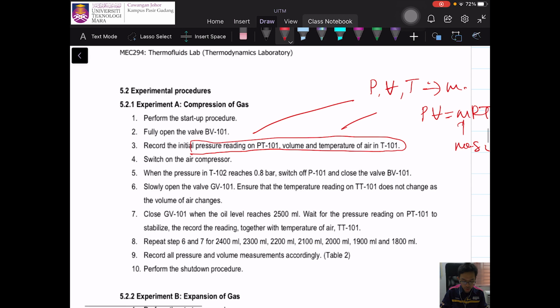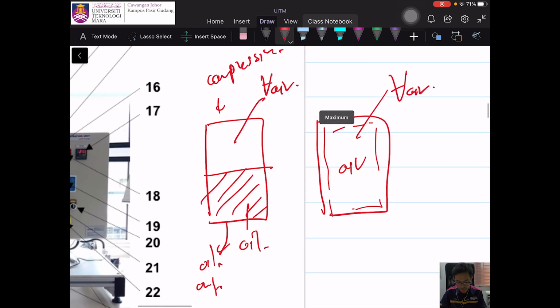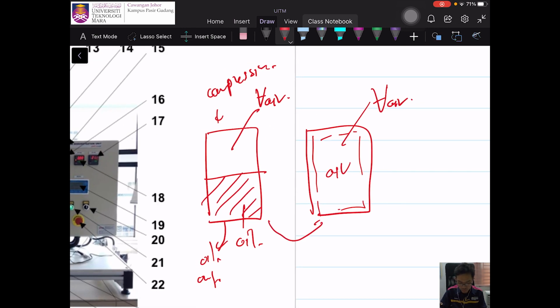After you switch on the compressor, it means that the compression process happens. As the compression process happens, the oil will move here to fill up part of the air, and it will increase.